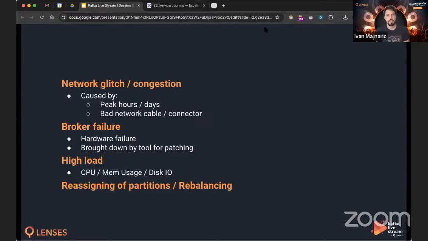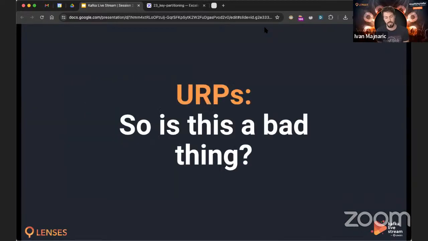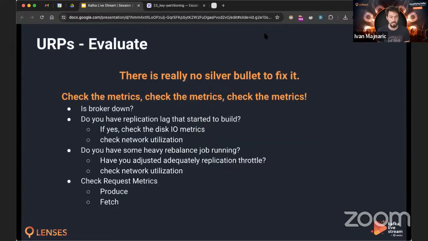So is it actually a bad thing to have URPs? Basically, having URPs doesn't always need to be bad, as I said. Therefore, it is really not recommended to alert upon under-replicated partitions. The under-replicated partition metric is just here to tell you, hey, I am here because something has been wrong with your infrastructure for some time.